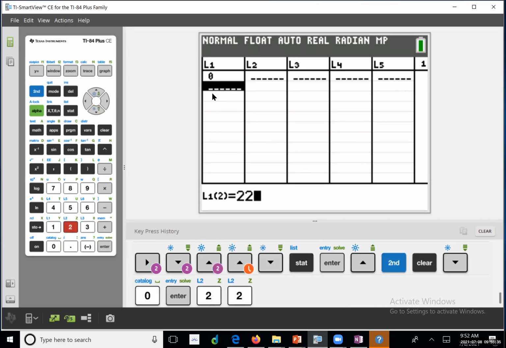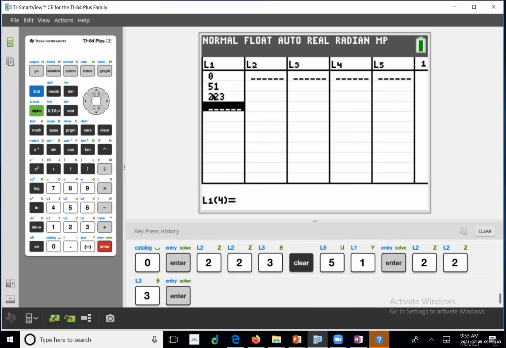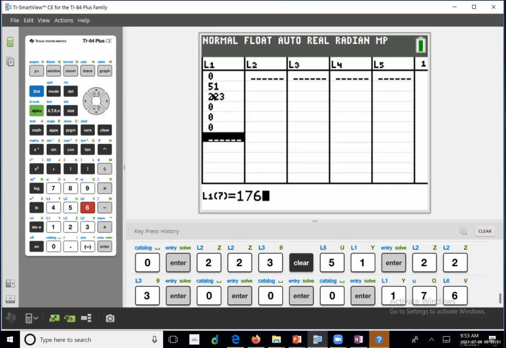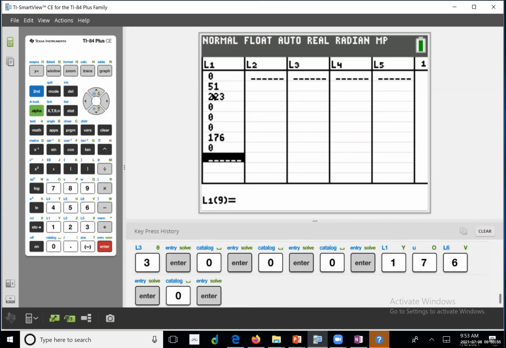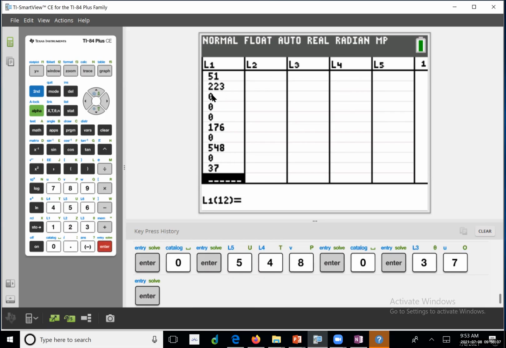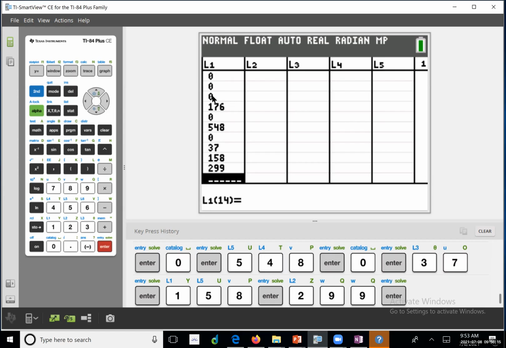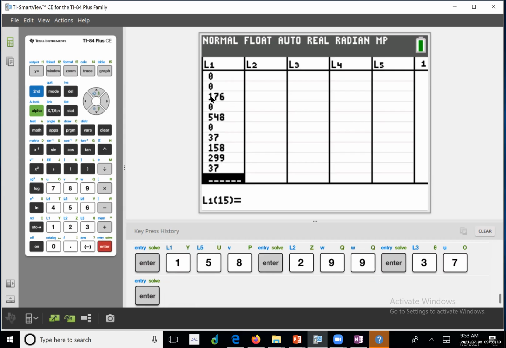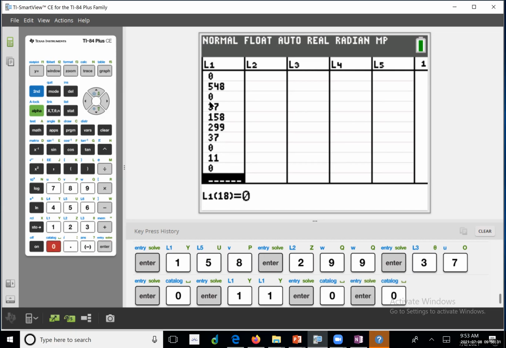Zero, 51, 223, 0, 0, 176, 0, 548, 0, 0, 37, 158, 299, 37, 0, 11, and then zeros.